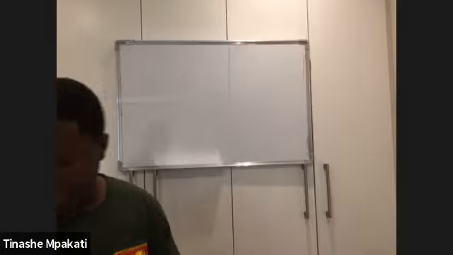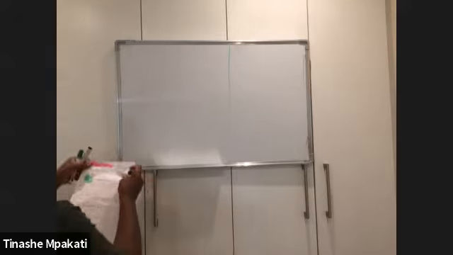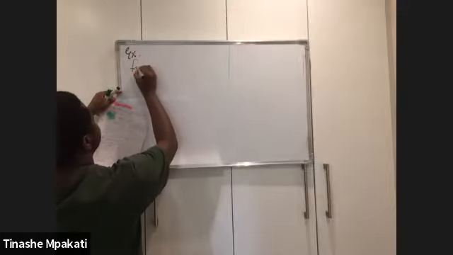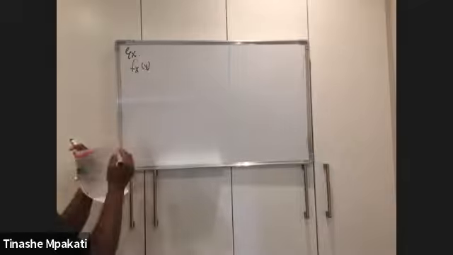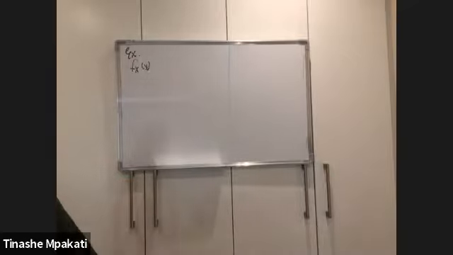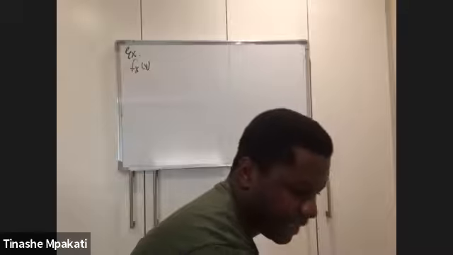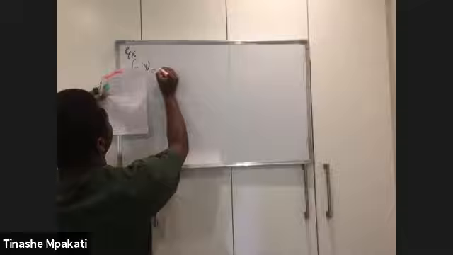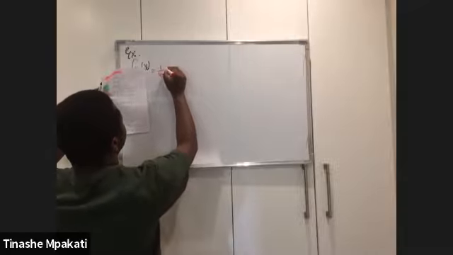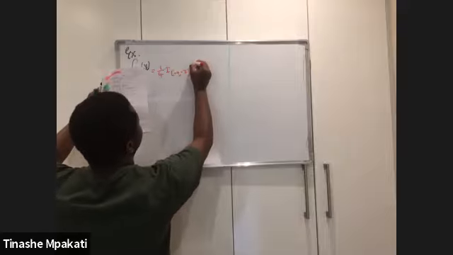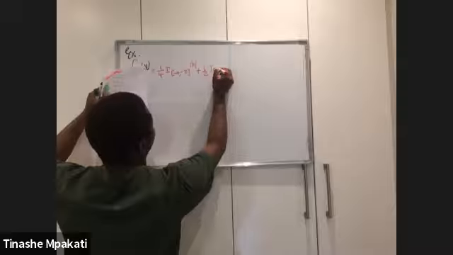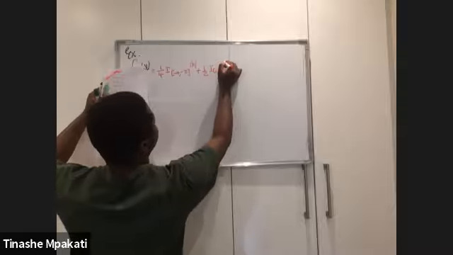The next thing, I want us to look at this example here, right? It says that you're given your PDF of X, and this is defined as follows: a quarter, with an indicator function between minus 4 and 2, of X, plus a half, with an indicator function from 1 to 2, of X, like this.